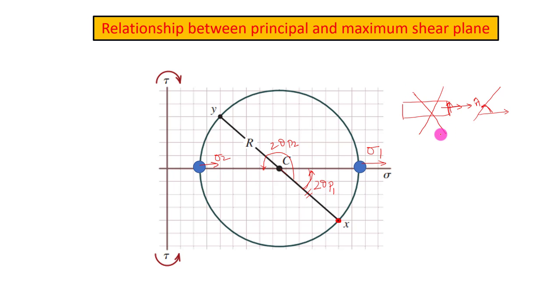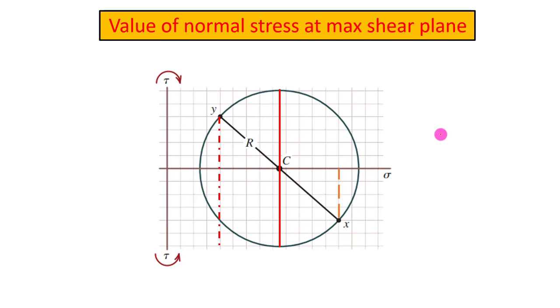Okay, so next is how to find the maximum shear stresses. These are the planes on which the shear stresses are going to be maximum. There are 2 points at which your shear stress is maximum.